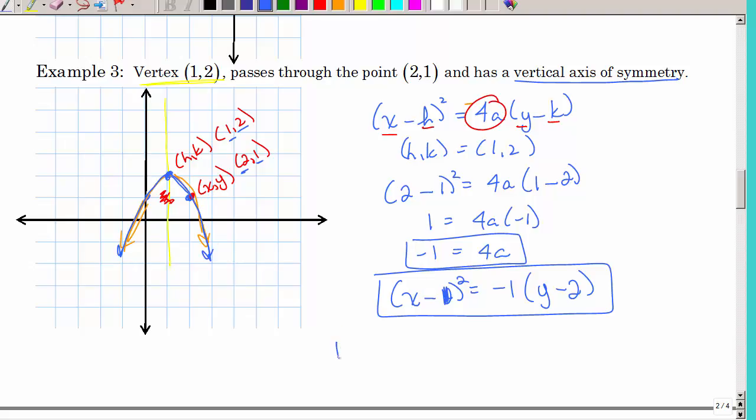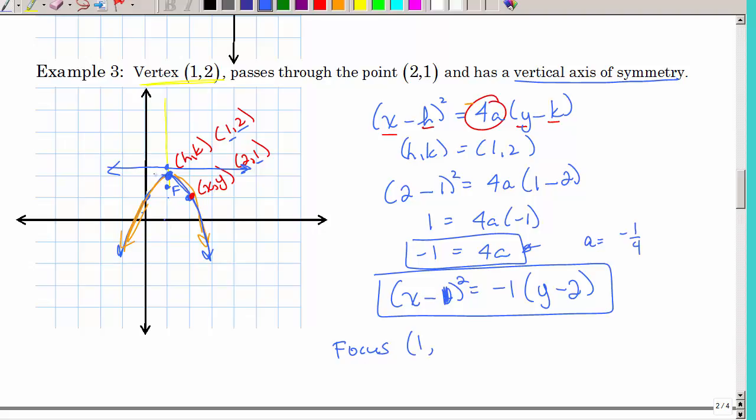But what if I ask you where the focus is? All right, where is that focus? So if I erase this, well, if this is the focal width, then a must be negative 1/4. So from your vertex, if I went down 1/4, that's my focus, and if I went up 1/4, that would be my directrix. So my focus would still go over 1 and not up 2.